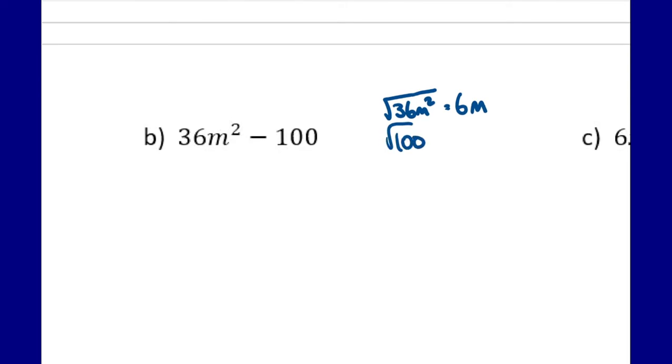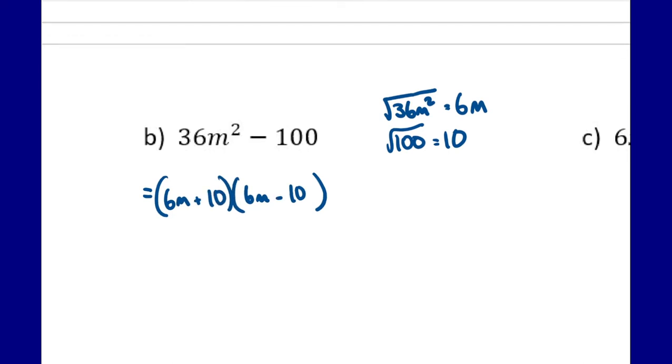Square root of 100 is 10, so that works as well. So there are two perfect squares, they're subtracted, which means I can just follow this pattern. Plug in the first term, 6m, plug in the second term, 10, make one addition and one subtraction, and we're done.